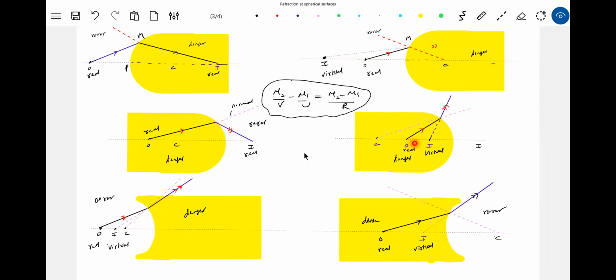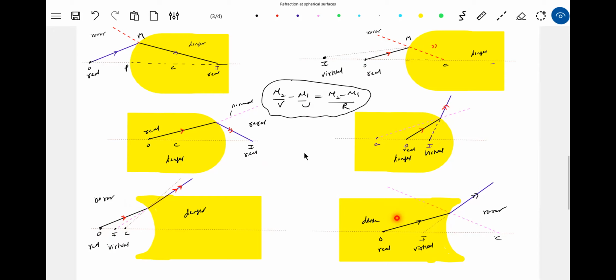Object is in the denser medium, facing the concave boundary, and the image is formed in the same medium. Still this formula is applicable. Now what about the object kept in the rarer medium facing the concave boundary, and the image formed in the same rarer medium? Similar situation here also. Object is in the denser medium, image is formed in the same denser medium. And you can see still this formula is applicable.